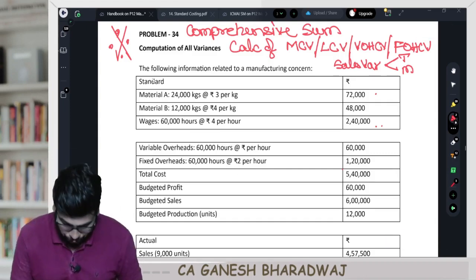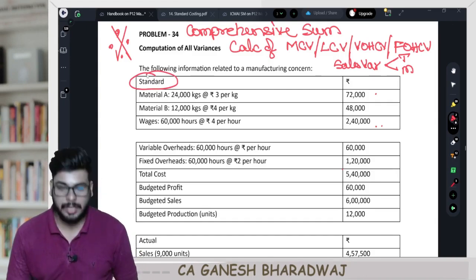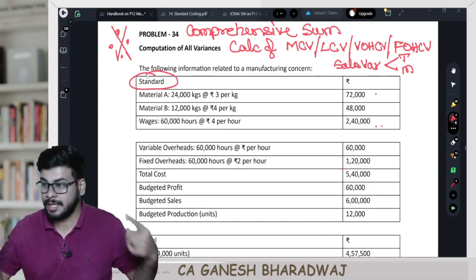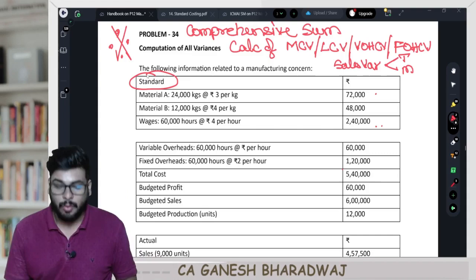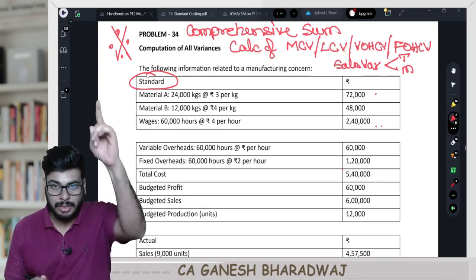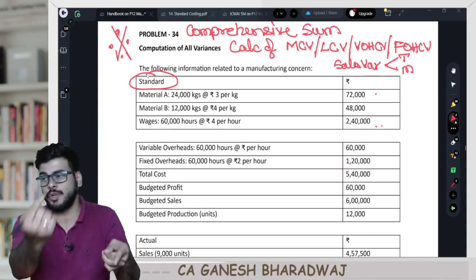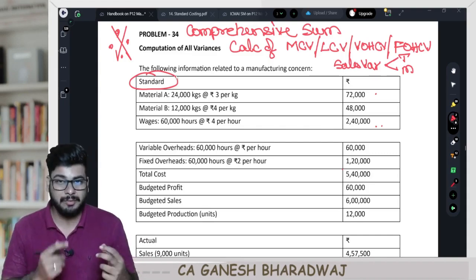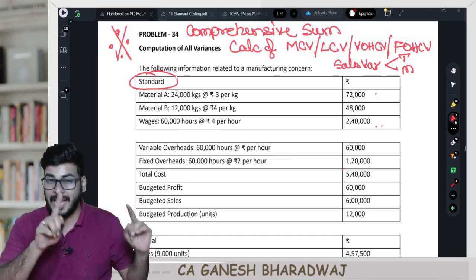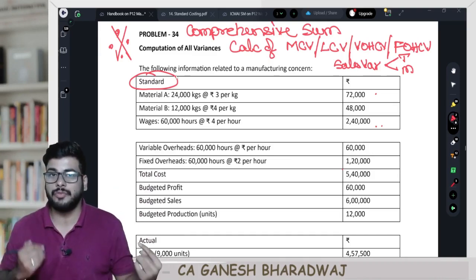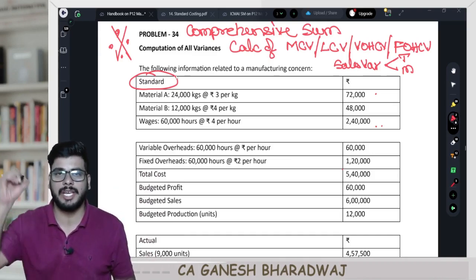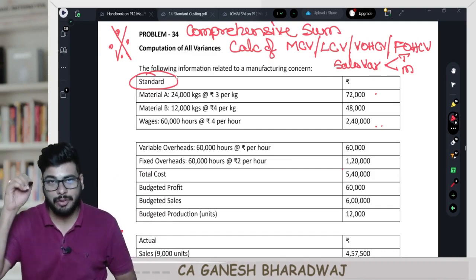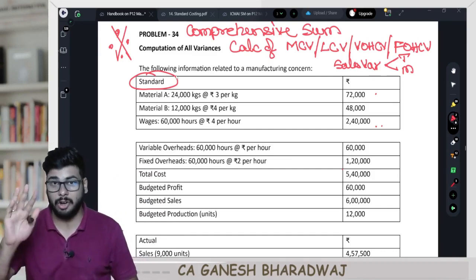What I've told you before: just because they have given the word standard, please do not get misled. What do you mean by standard? For the actual output, what should have been the cost which you should have incurred. Sometimes the word standard used in the question ideally refers to budget. So we should see for what volume level the data is given. Based on that only can you conclude whether this is actually standard or budget.